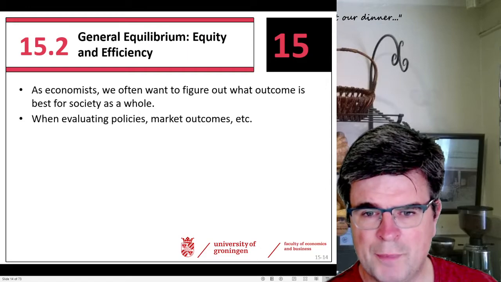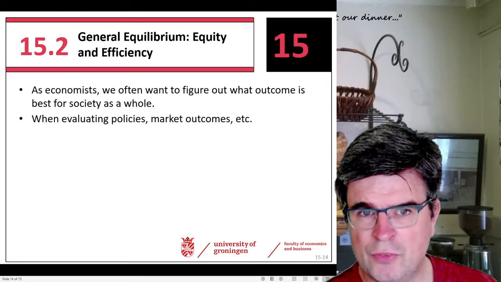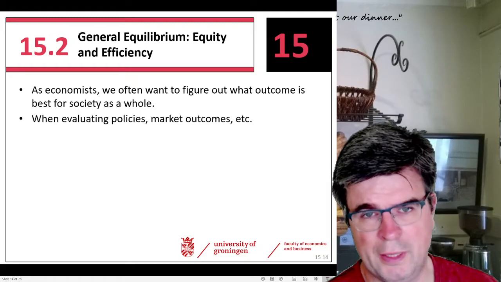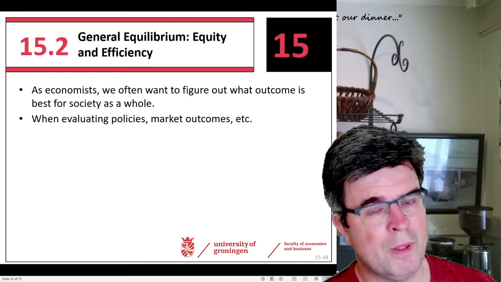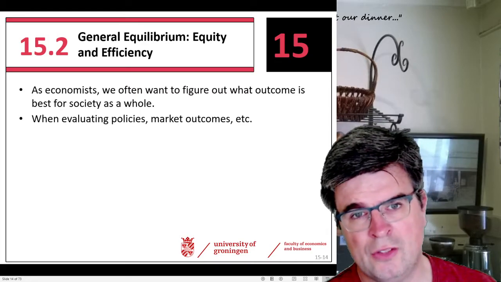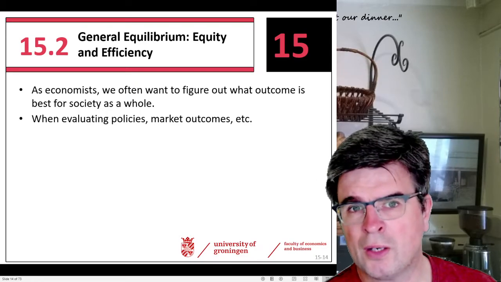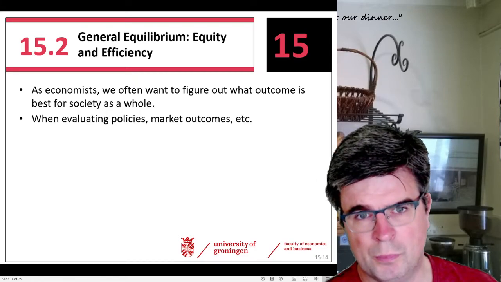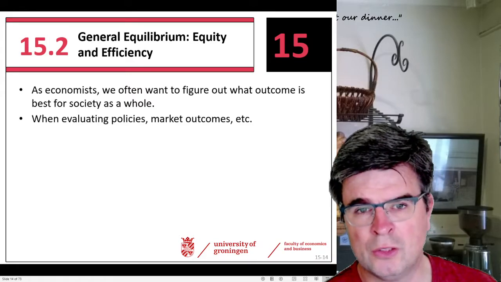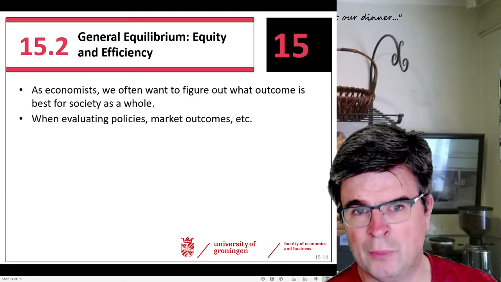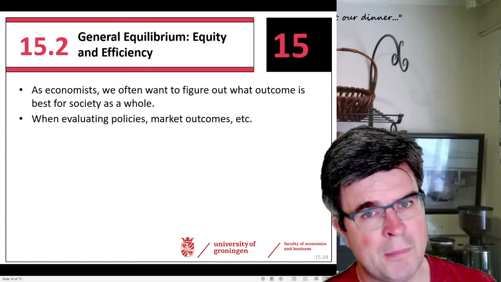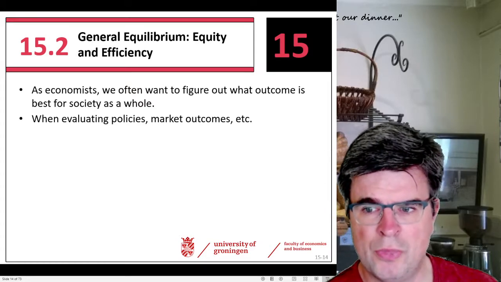This is important because if you, as an economist, have to advise the government who proposes to make a certain change, for example, to introduce a tax, to give a subsidy, to change the structure of a market, then you want to predict what is going to happen to the equilibrium outcomes, and you may also want to say something about whether the new equilibrium outcome is better or worse, or whether certain groups in society benefit from it and some others don't.